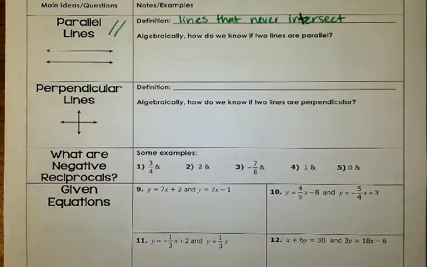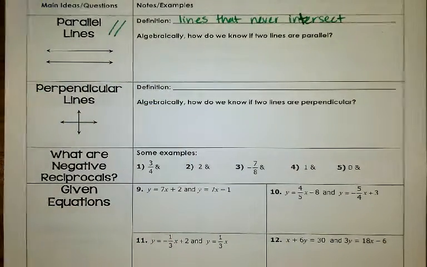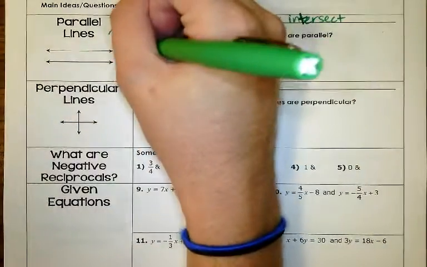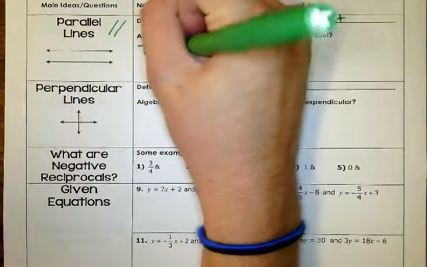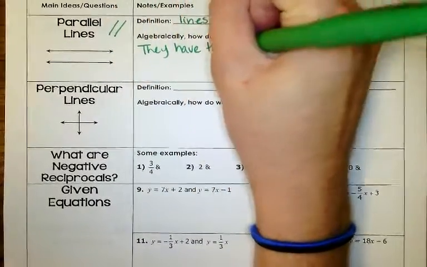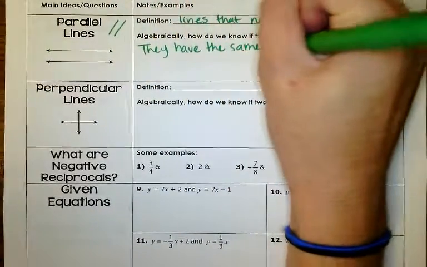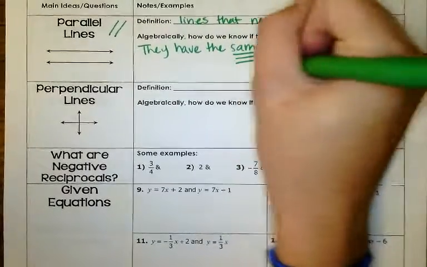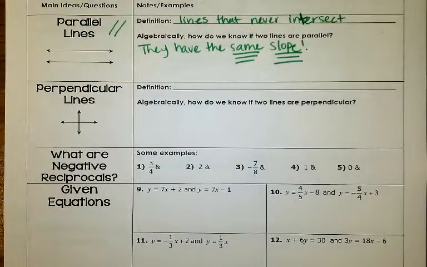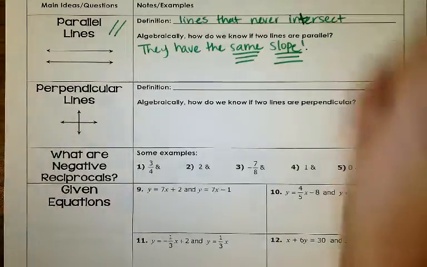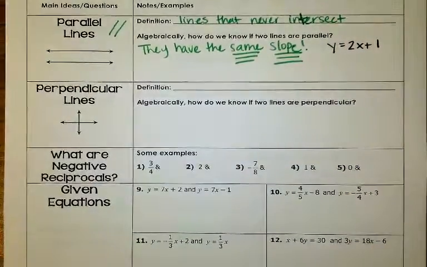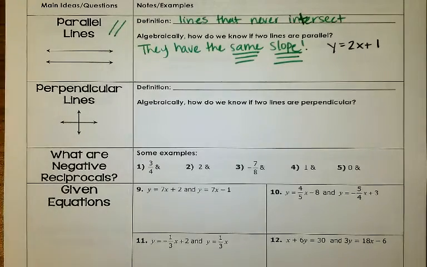Okay, now algebraically, how do we know if two lines are parallel? Well, I'm going to tell you guys, it's going to have to do with their slopes. So algebraically, they have the same slope. Okay, and not kind of the same. I'm talking the exact same. So if my original equation would be y equals 2x plus 1, we'll just go with that.